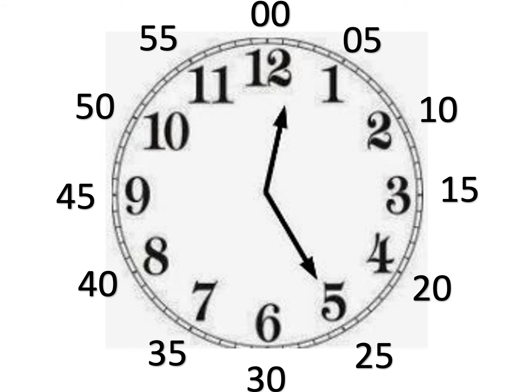It means it's past the 12, but it has not gotten to the 1 yet. So our hour is 12. Now we need to know our minutes. The minute hand is pointing to the 5, so it's 25. So the time is 12:25. That means 25 minutes has passed since it was 12 o'clock.